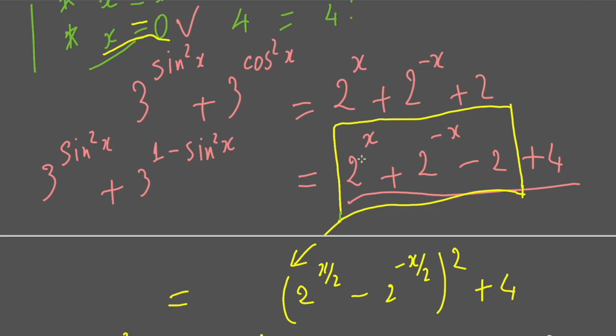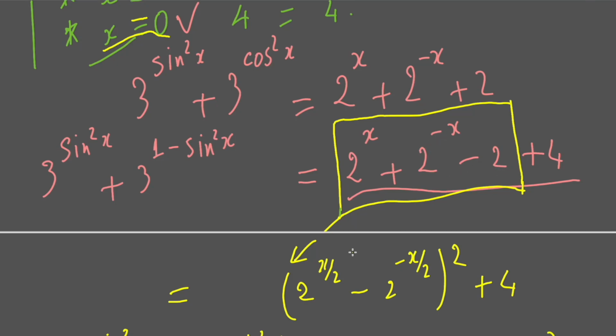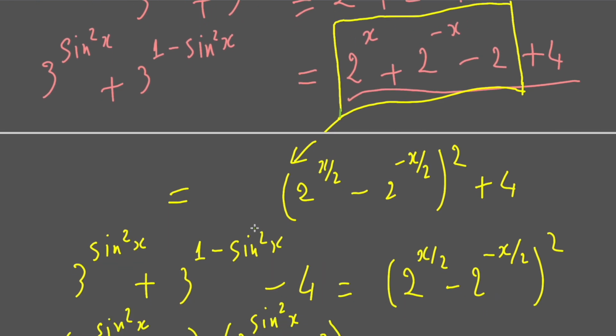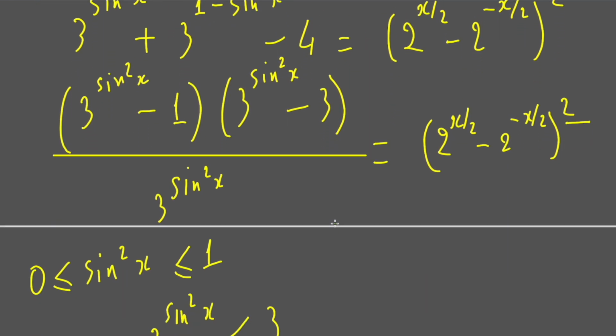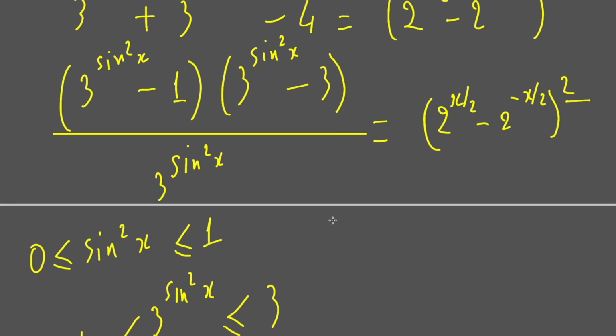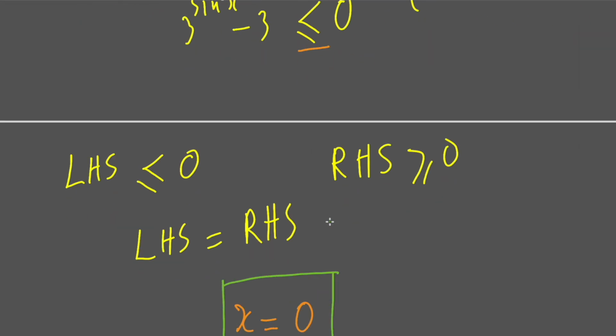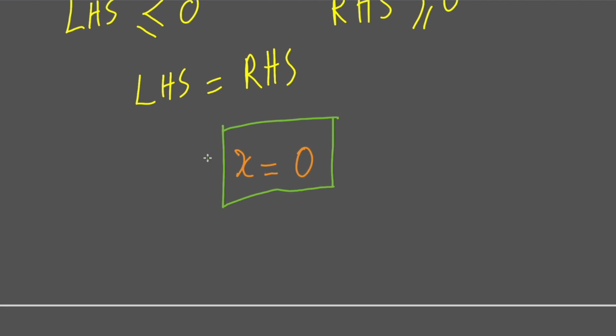In this case, that is 2 power of x plus 2 power of negative x minus 2. After that, you transform the left hand side and the right hand side, try to use an inequality or property, then find where the equality happens once the left hand side and the right hand side are equal. Finally, you find x is equal to 0.